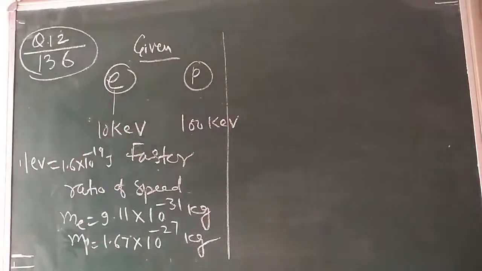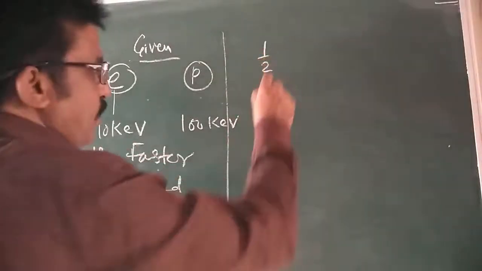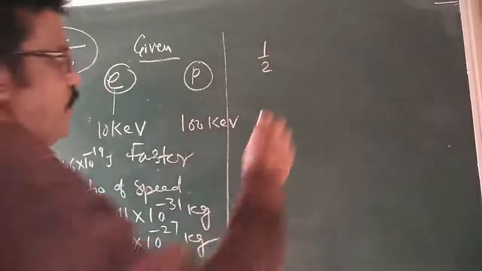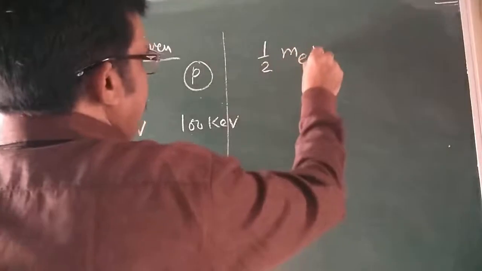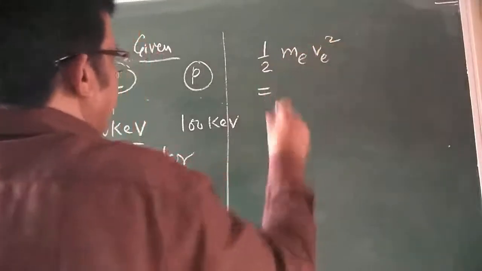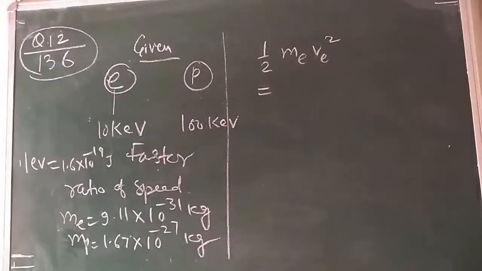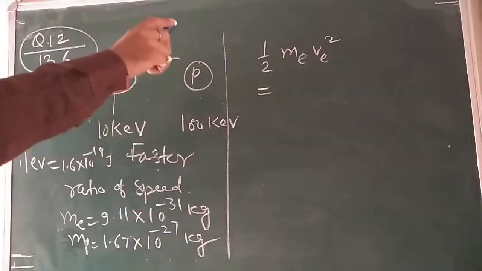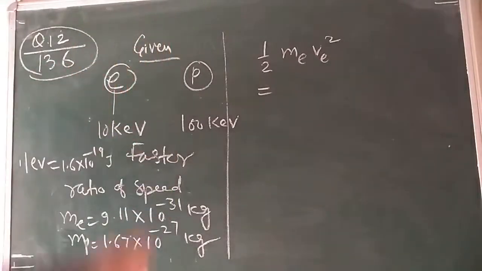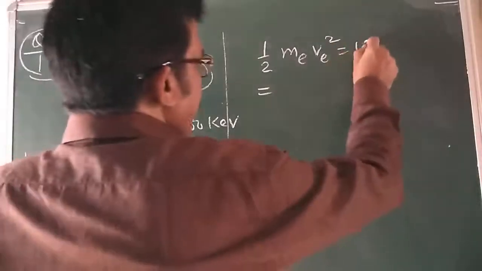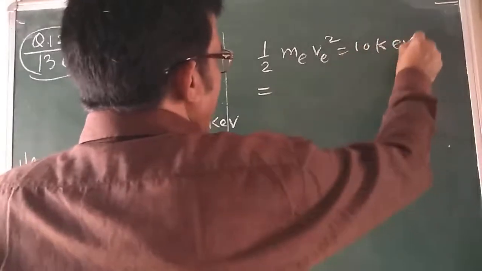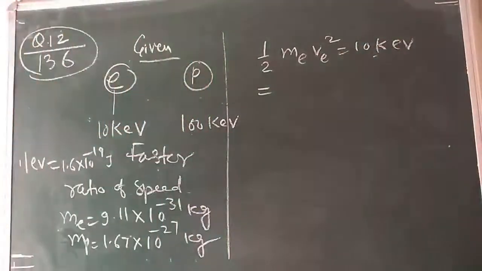The formula of kinetic energy is 1 by 2 mv square. So the kinetic energy of the electron is half Me Ve square, where Ve is the speed of the electron and Me is its mass. That is given as 10 keV, kilo electron volt.